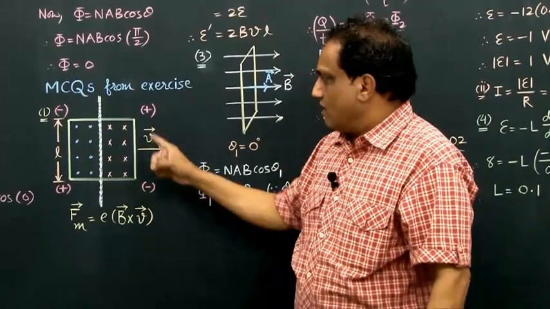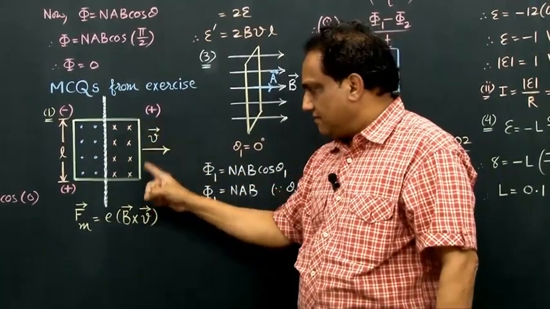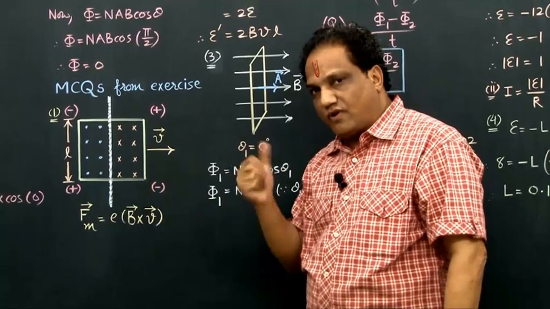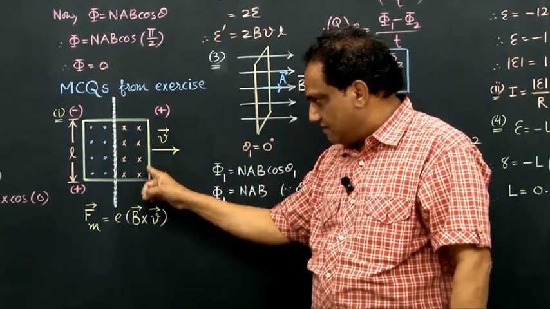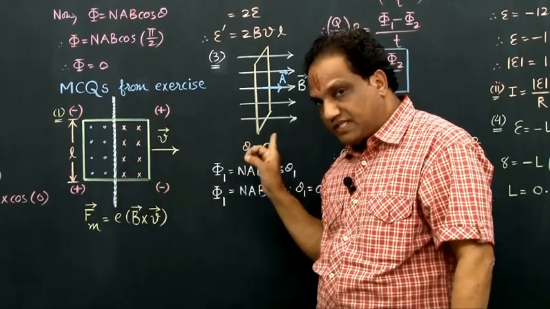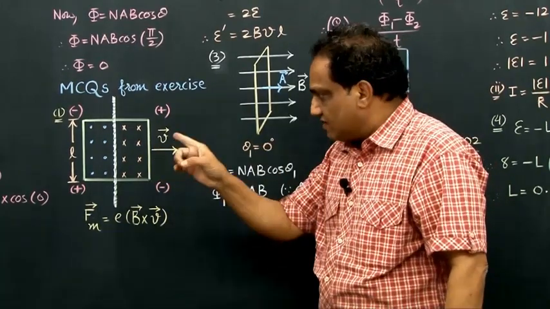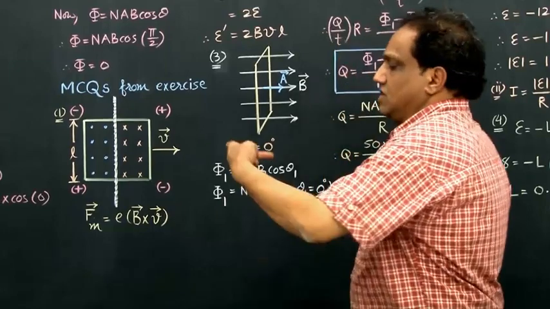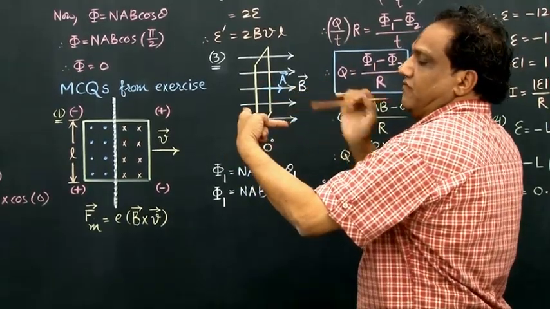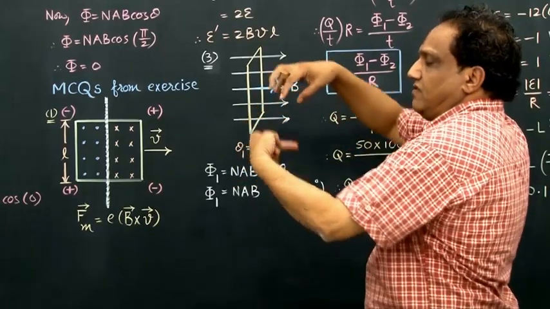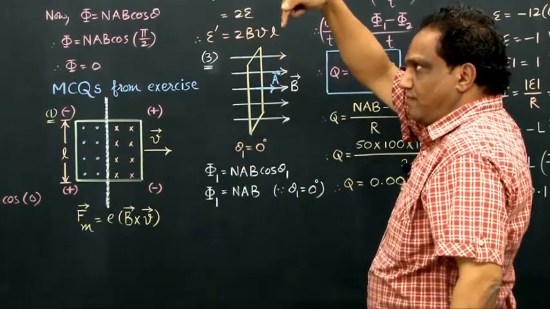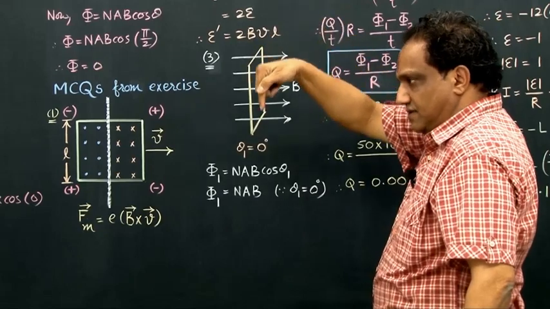Fine. What about this side? For the electrons in this wire, they also have velocity towards the right-hand side, but the magnetic field is perpendicularly inside. So this is vector B, this is vector V. Now you want vector B cross vector V, it is vertically downwards.